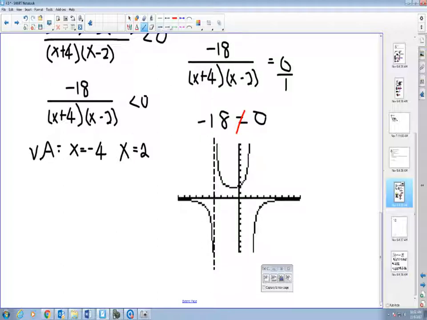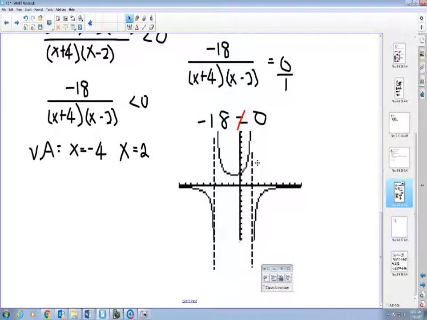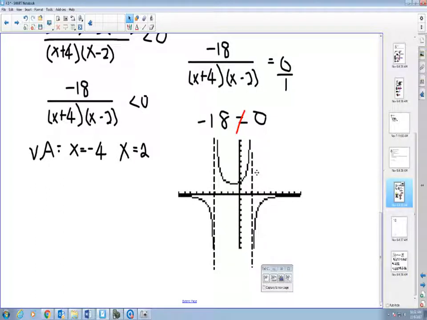And I have another one at x equal to 2. Sorry, I'm gonna move it over a little bit. There we go. You know what?